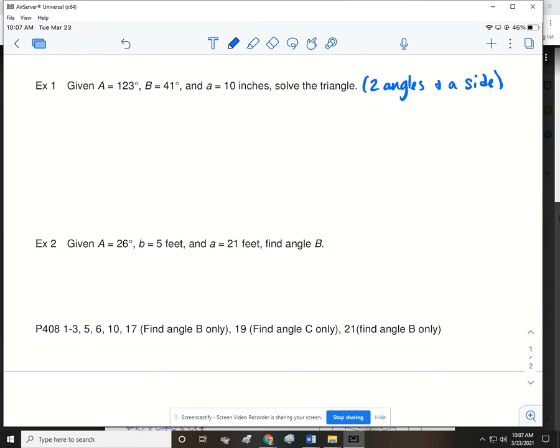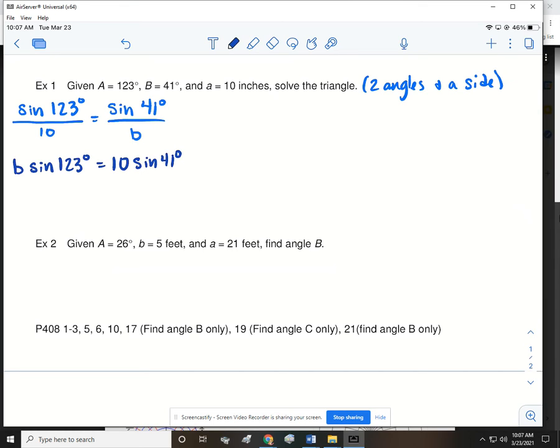I'll do the sine of angle A, which is 123 degrees, over the length of side A, equal to the sine of angle B, which is 41 degrees, over side B. This is a ratio that we're going to solve for B. You start off by cross multiplying, and then divide by the sine of 123 degrees.